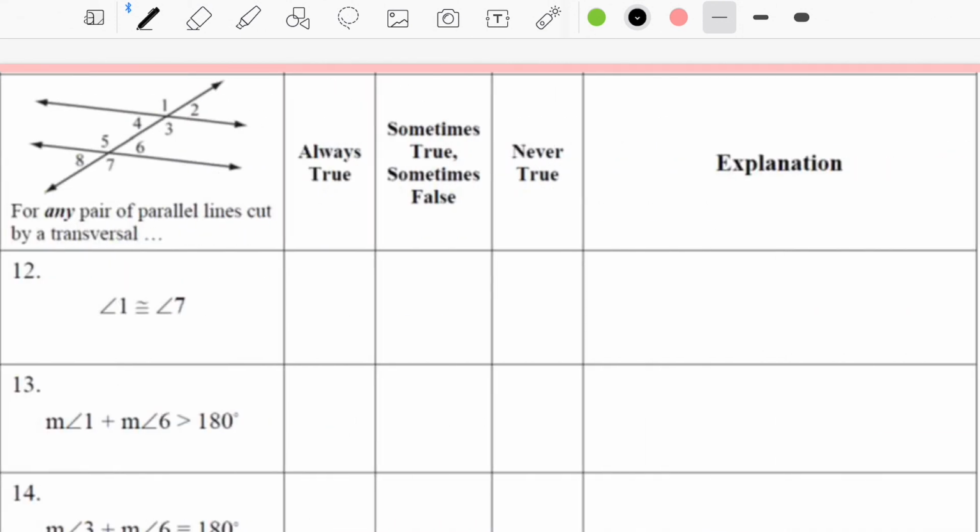All right, guys, last thing that we're going to be doing together. So now we are looking at a pair of parallel lines that is cut by a transversal. And we want to look at angle 1 and angle 7. And it says that they are congruent because this little symbol right here means congruent.